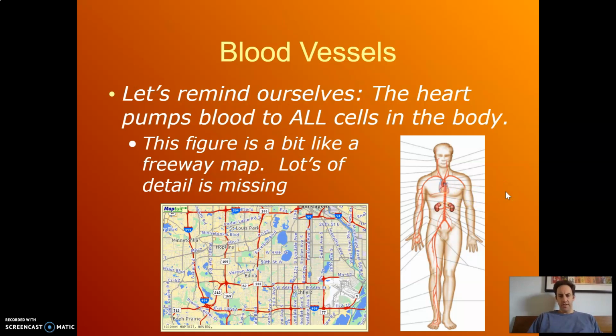So to show this, to prove this, I'm going to show you some pretty cool pictures. I'm going to click the screen, and I will show you a picture of an animal. This animal was after it was deceased. I'm not sure how it was killed or died. It probably was killed. They injected this liquidy plastic material into the blood vessels, and it hardened in the shape of the blood vessels.